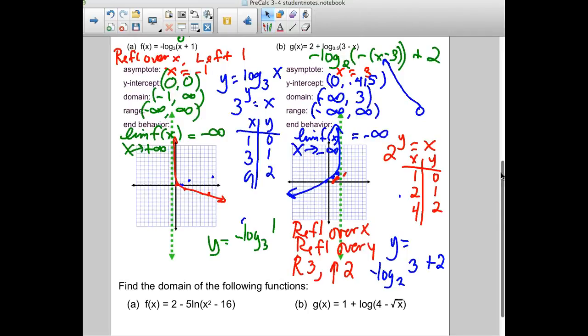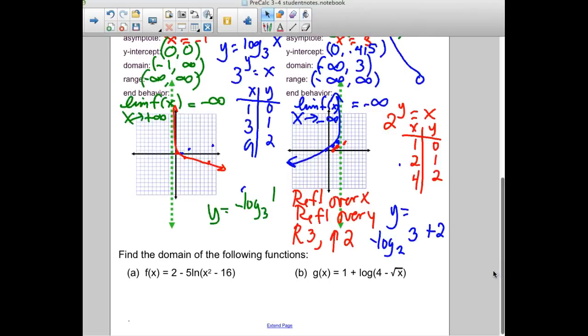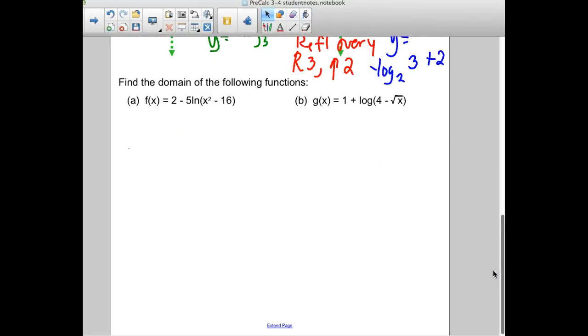Okay. The last two on this page, we are just identifying the domain. And we did some almost identical to this a couple days ago. What was the restriction when you're taking a log? You're only allowed to take logs of what? Positive numbers.